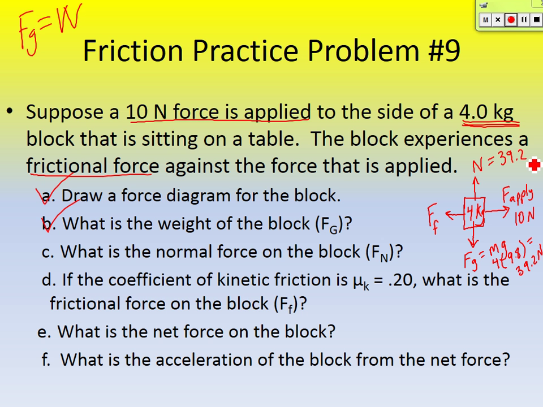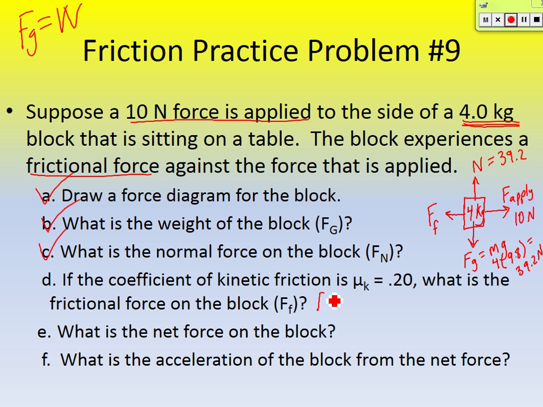Well, in the up and down direction, it is at rest. There's no vertical motion. So these forces got to be balanced. Okay, so we've got part C. We've done that one. Part D. If the coefficient of kinetic friction is 0.2, what is the frictional force on the block?